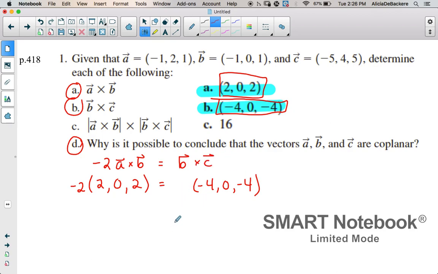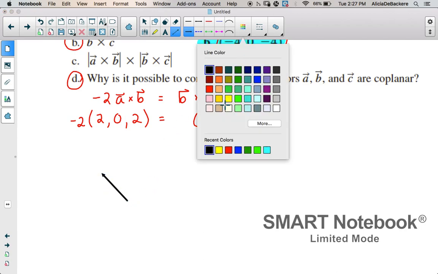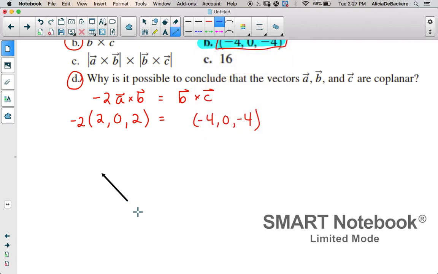And so what that means, if I think about this spatially, is these guys are collinear, right? If I can write them as a scalar multiple of each other, they are the same vector just with a different magnitude. And so they're stretched out in a different direction because the multiplier is negative. So let's say this is the cross product of A and B. Well then, the cross product of B and C is just twice as long in the opposite direction, is what we figured out.